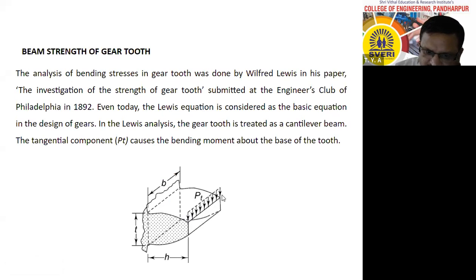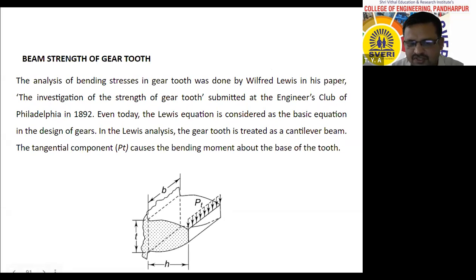This distance is known as face width B. T is nothing but the thickness of the gear tooth, and this is known as H, the height of the gear tooth, which is nothing but addendum plus dedendum.